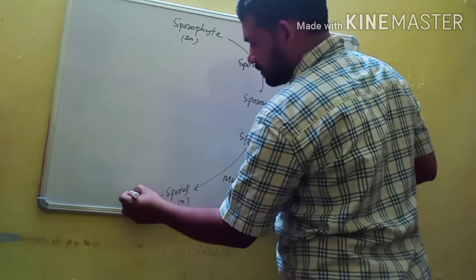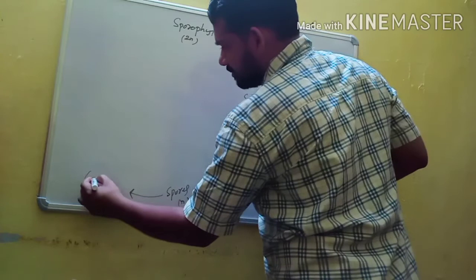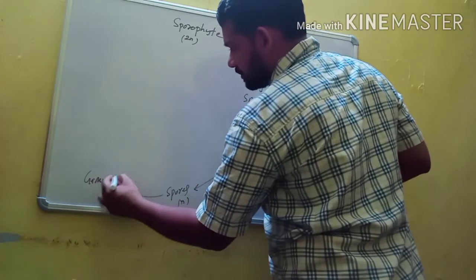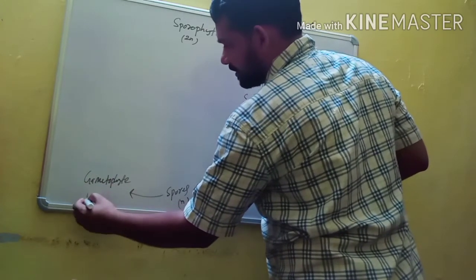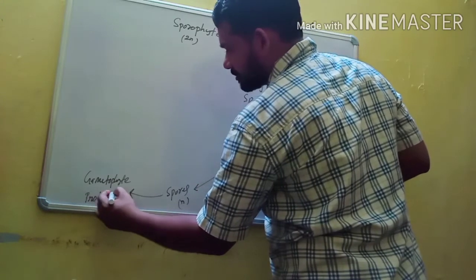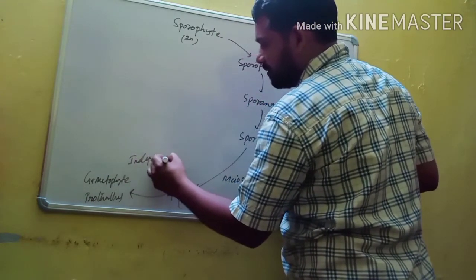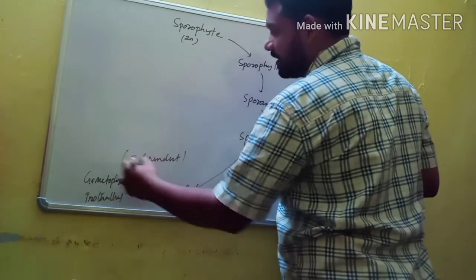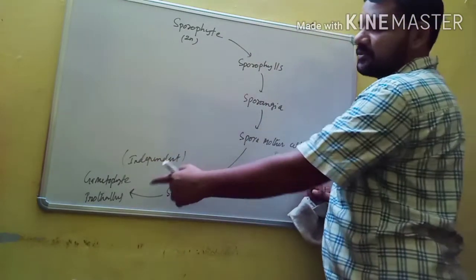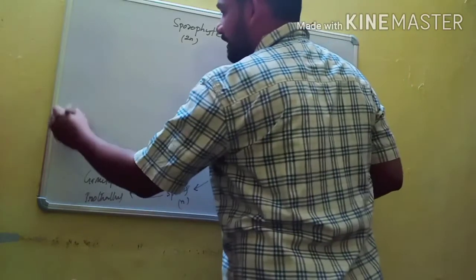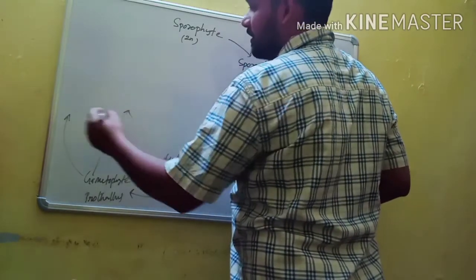Spores germinate to give rise to the gametophyte. This gametophyte is independent, and the independent gametophyte is known as prothallus. The gametophyte has both male and female sex organs.